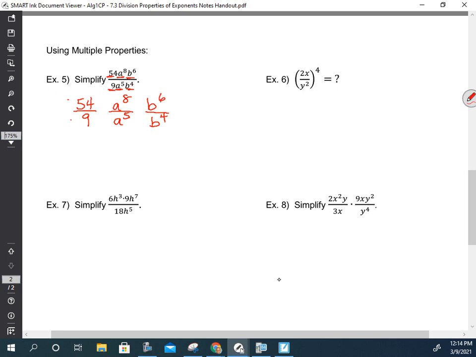It'd be nice to eventually hear from someone that's not female. There are a lot of males in this class. Well, I ain't gonna complain one way or the other. So 54 divided by 9 gives me what? I know you do.